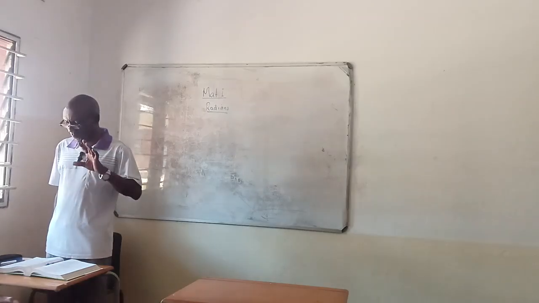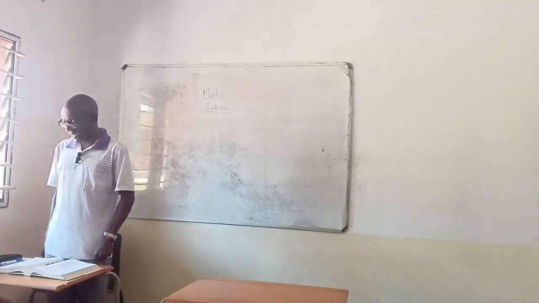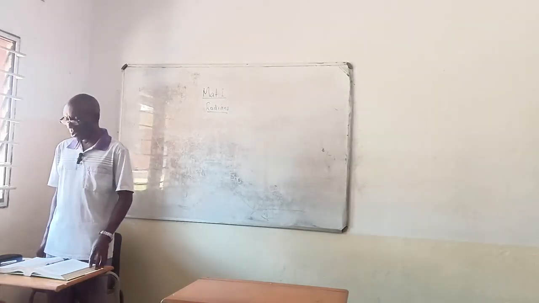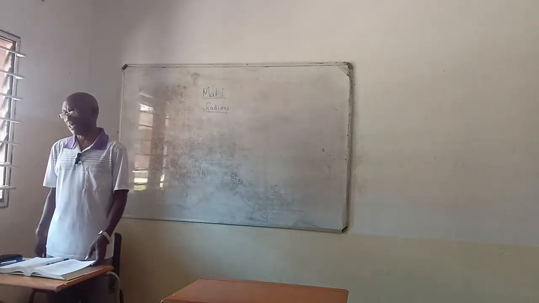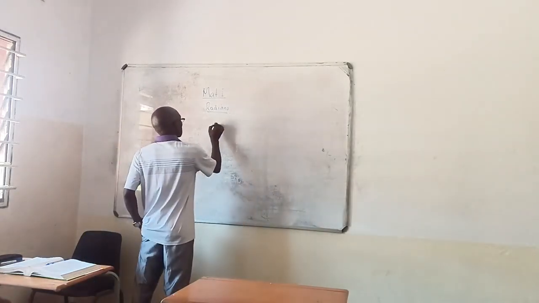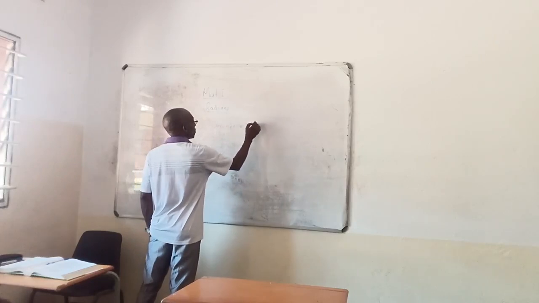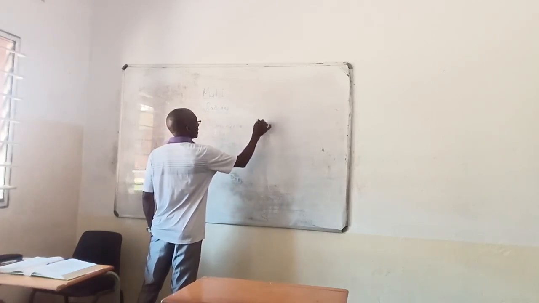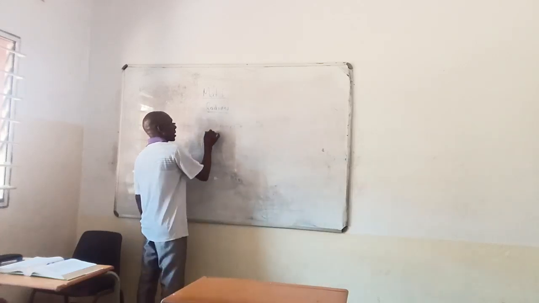You have to recall the formula for circumference. The circumference of a circle is equal to pi times diameter. In other words, the circumference is the perimeter of a circle.